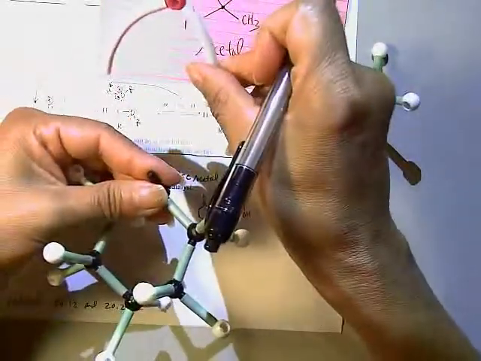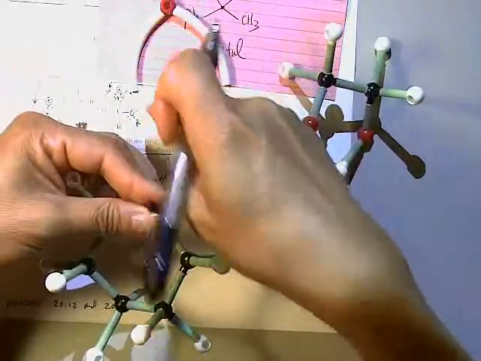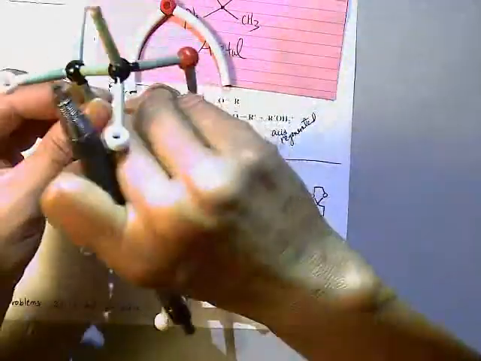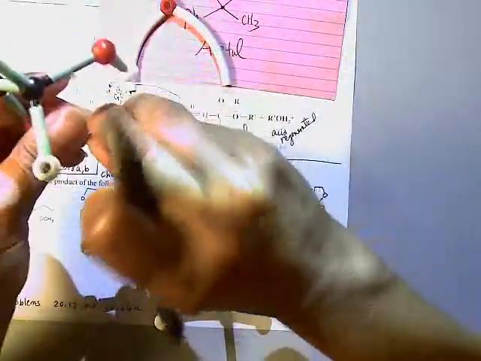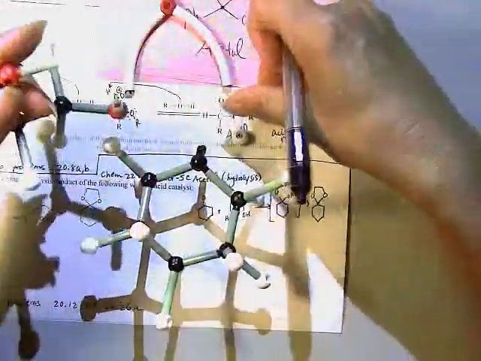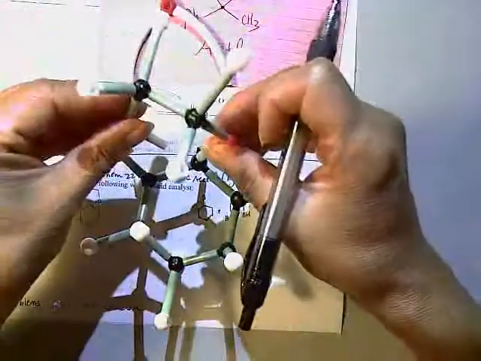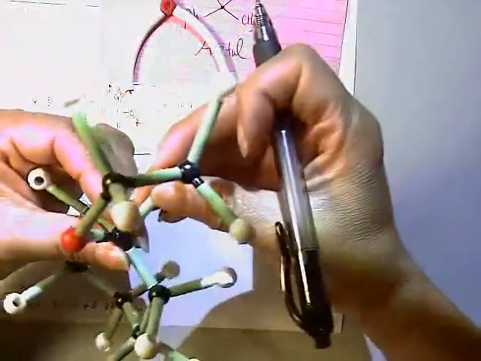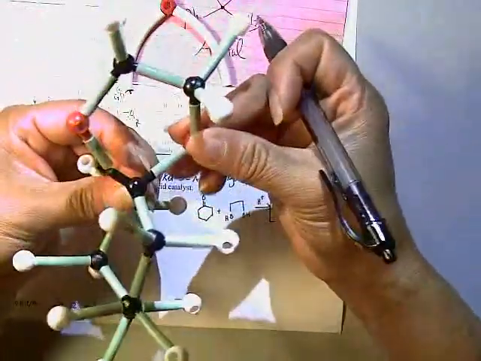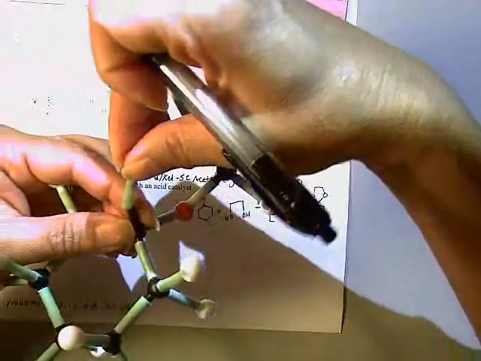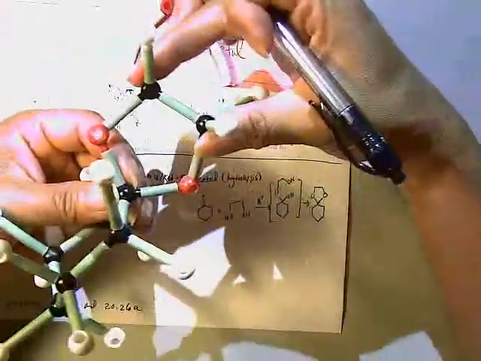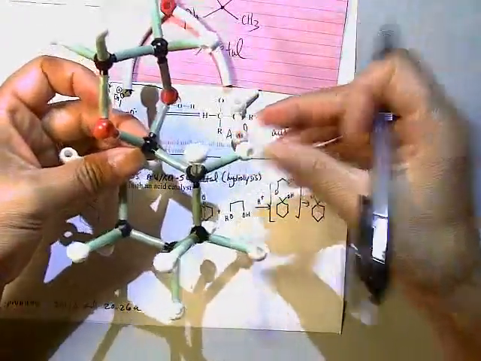And imagine this leaving as water with 2 hydrogens here, and then the hydrogen, so I took off the 2 hydrogens from the alcohol, and then I'm adding the 2 oxygens. Notice they're stuck together still, and this is the product that you get.